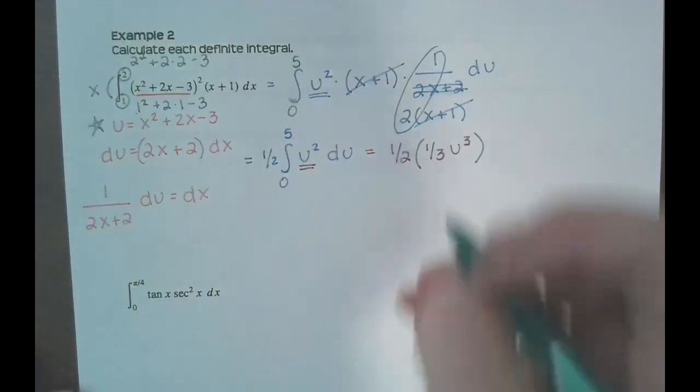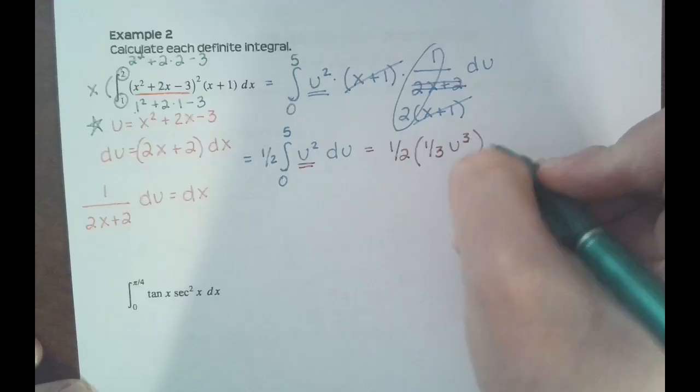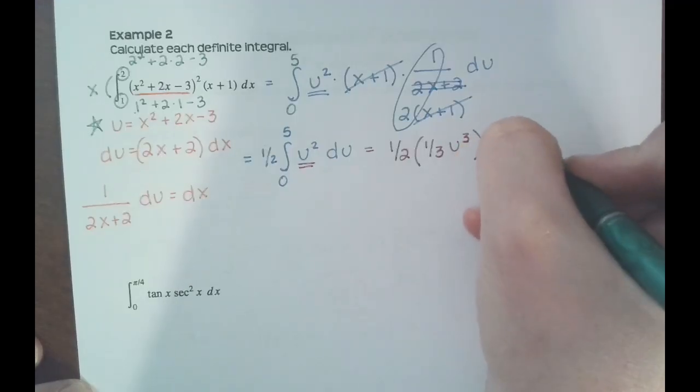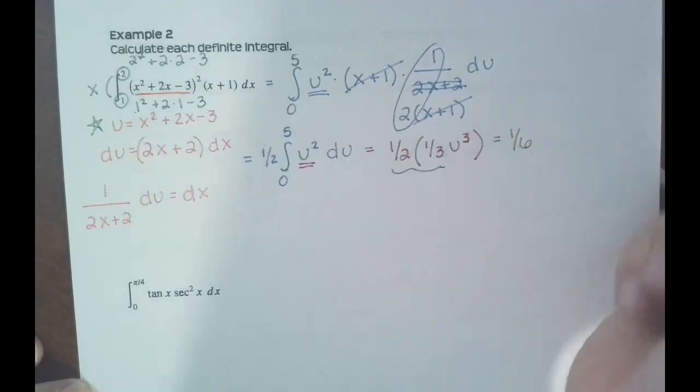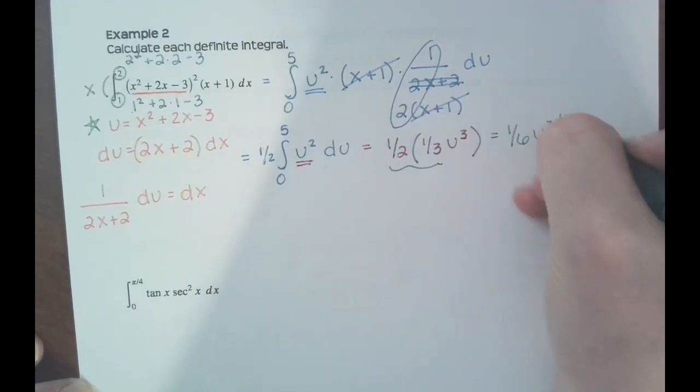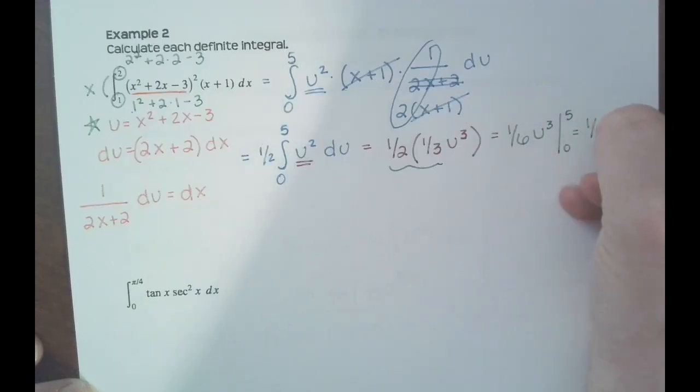So into this antiderivative, I'm going to make this a 1/6. Hope that doesn't bother you. 1/2 times 1/3, u to the third, from 0 to 5. And that's going to be 1/6 times 5 to the third minus 0 to the third.